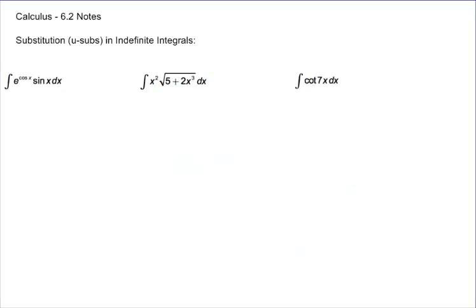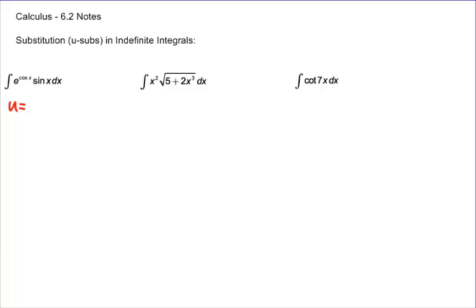Alright, what we're going to do with these next few questions is look at how to sort through some substitution problems. If you think about what you can integrate or take the derivative of that gives you e to the cosine x times sine x, it becomes very challenging because the chain rule is involved. And so working backwards from that can be really, really, really tricky. So what we're going to do is pick a u.